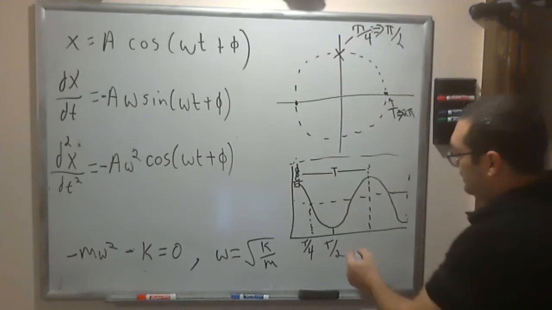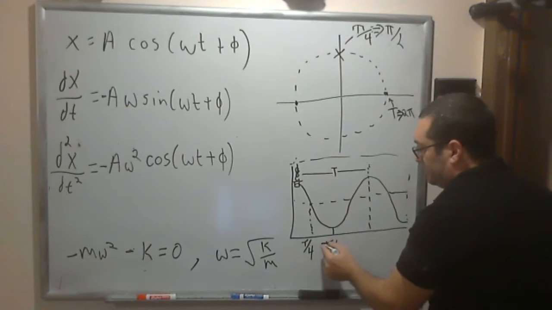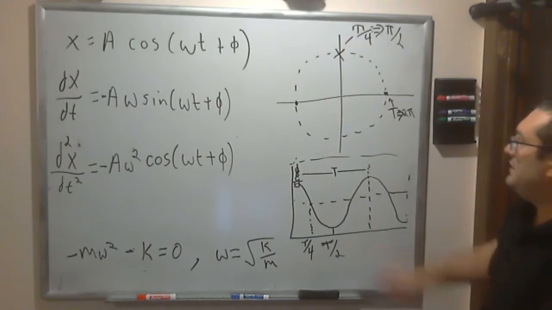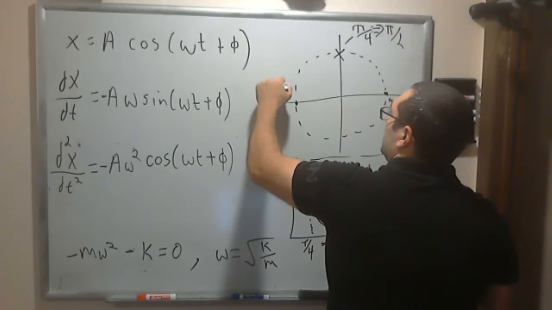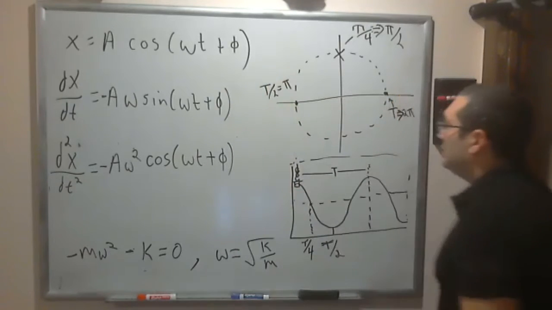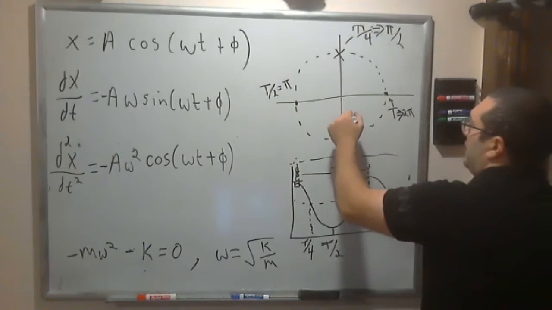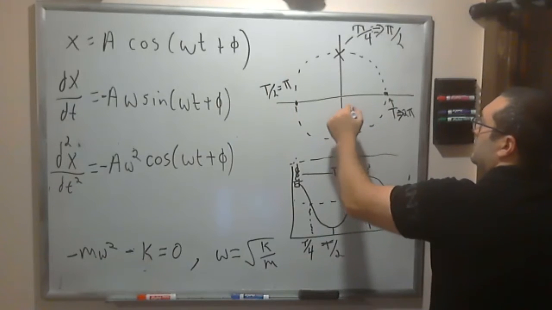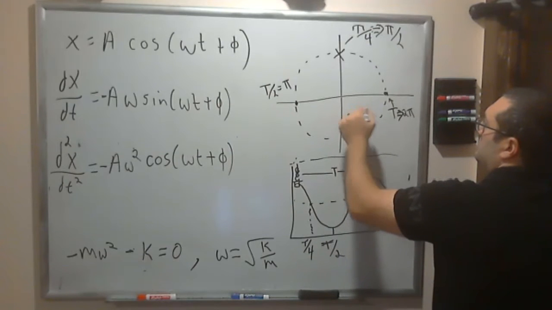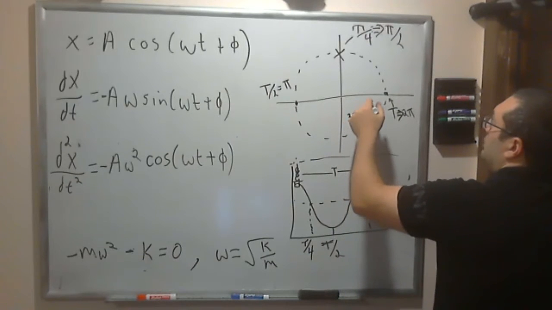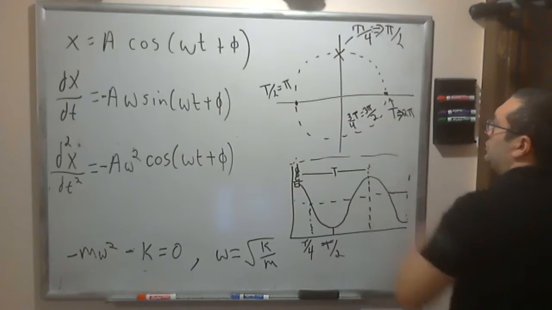So it's very analogous, right? And this is 1/2 T equal to pi. And we go around, and then we have 3/4 T, and that's equal to 3/2 pi.